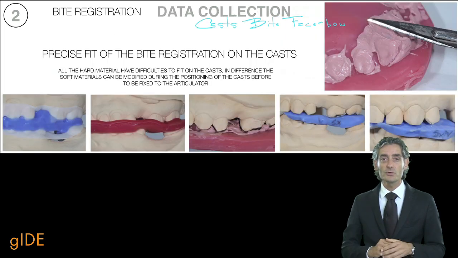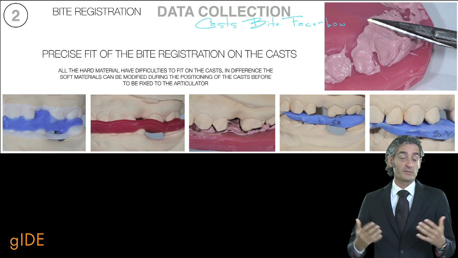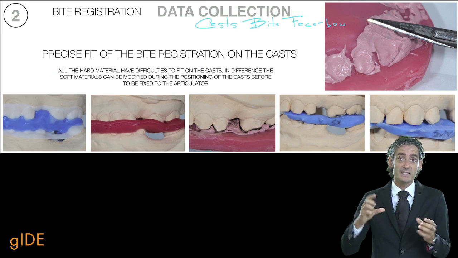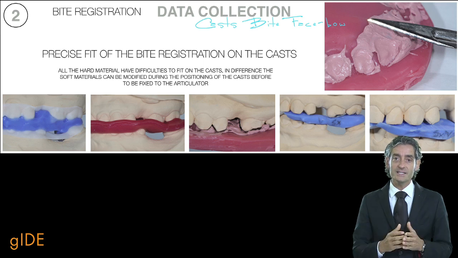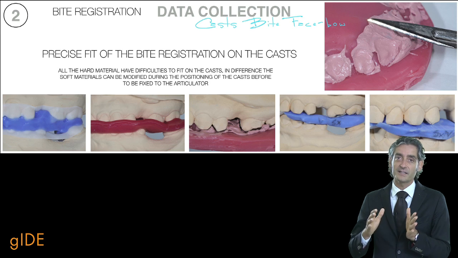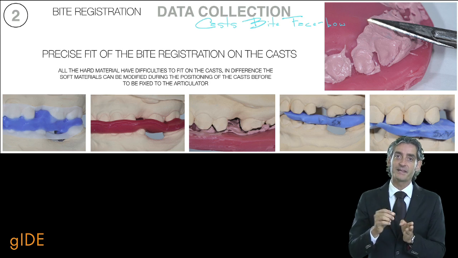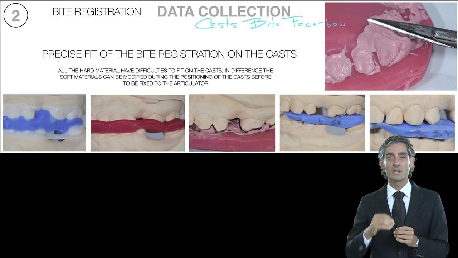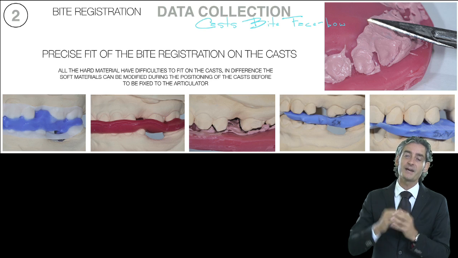Why? Because if we use, for example, a hard material to take the bite registration, that is really important, because if we take something soft, we have no precise position. As you can see here, the difficulty comes at the time that the technician has to put the cast together, because a hard material can capture details inside, for example, the little grooves of the teeth, and after that it becomes really difficult to put the cast together.